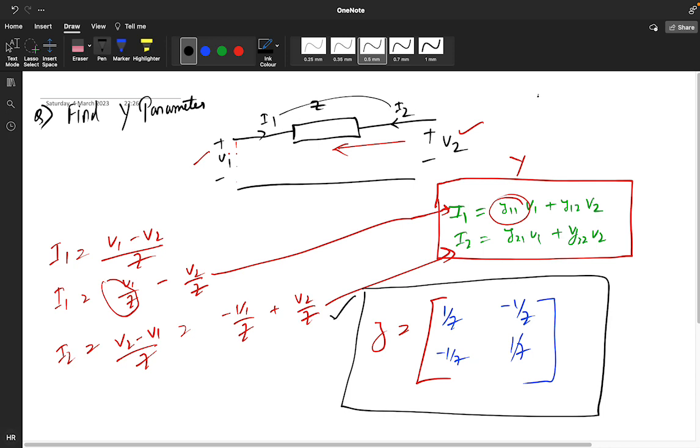I1 is equal to minus I2. So you can directly write the y parameter matrix like this: 1 by Z, minus 1 by Z, minus 1 by Z, 1 by Z.